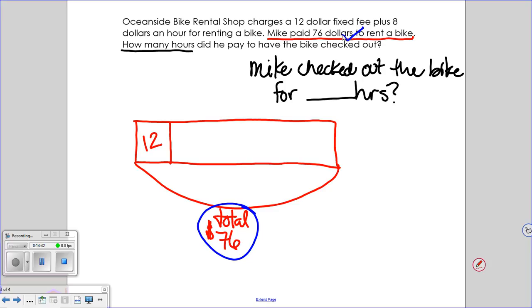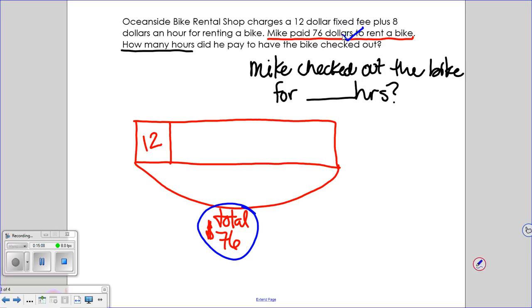But we did take care of one part in our word problem. What part did we take care of? Bryce, what part did we take care of? We could check off a part in our word problem. What can we check off? Look at our word problem. We did, Mike paid $76. We checked that off.